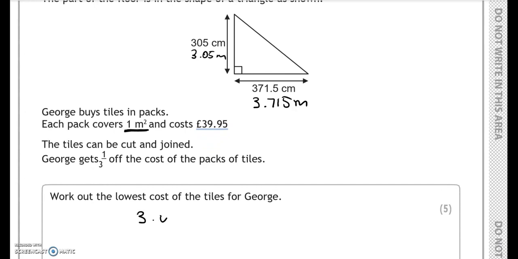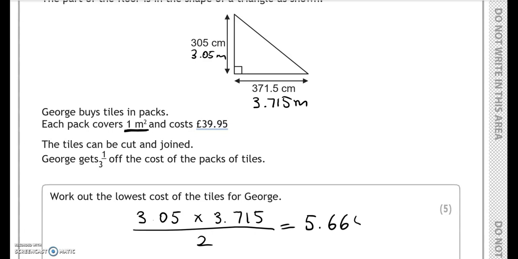So 3.05 times 3.715 all divided by 2 gives us 5.66535 square metres. So they will need to buy them in packs of 1 square metre.